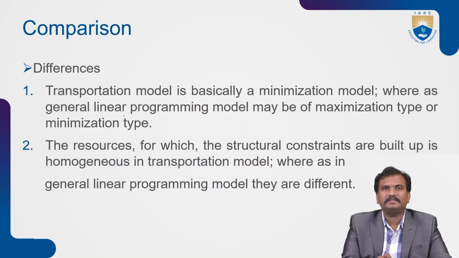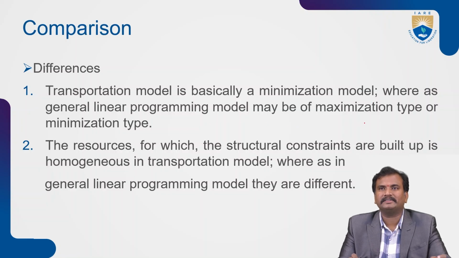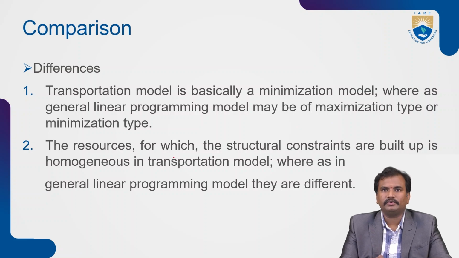The differences between these two are: the transportation model is basically a minimization model, whereas a general linear programming model may be of maximization or minimization type. The resources for which the structural constraints are built up are homogeneous in the transportation model, whereas in a general linear programming model they are different.